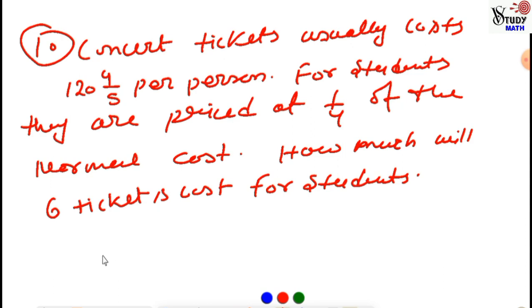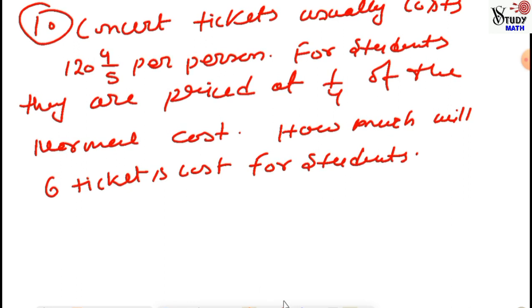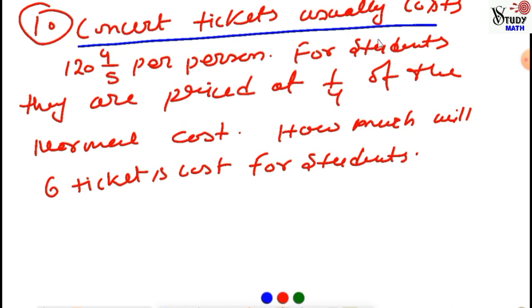So my dear students, understand the question first. Concert tickets usually cost 20 4/5 per person. For students, they are priced at 1/4 of the normal cost. So first we have to find the cost for the students.